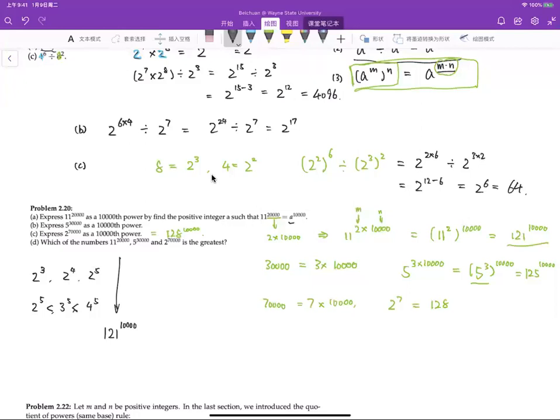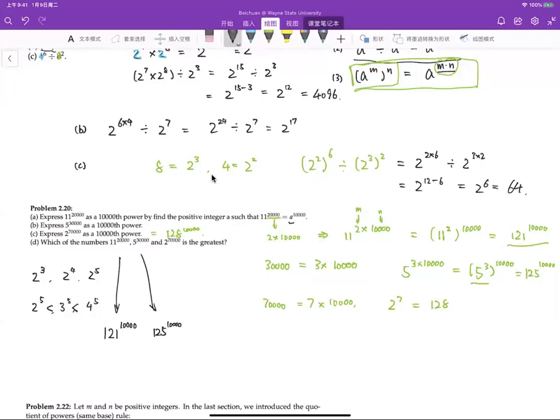5 to the power of 30,000 is just equal to 5 to the power of 3 times 10,000, and that would also just be 125 to the power of 10,000. So far, 5 to the power of 30,000 is the biggest.